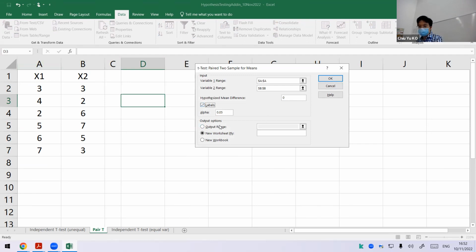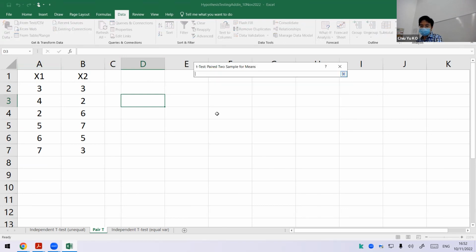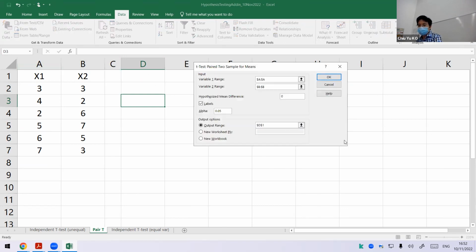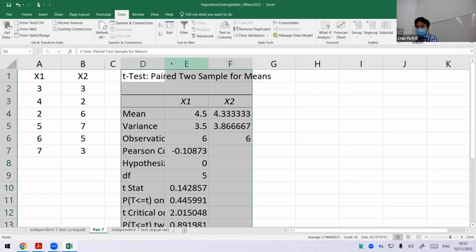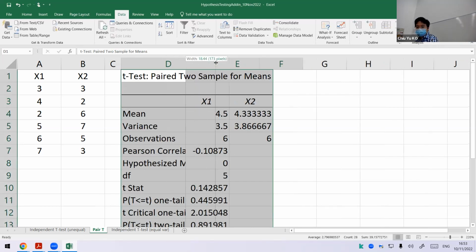We put 5% as usual. Output range is D1. So column 1 is the X variable, column 2 is the Y variable, the difference is 0, and the labels are there. Then just click OK, and we're done. Very quickly.